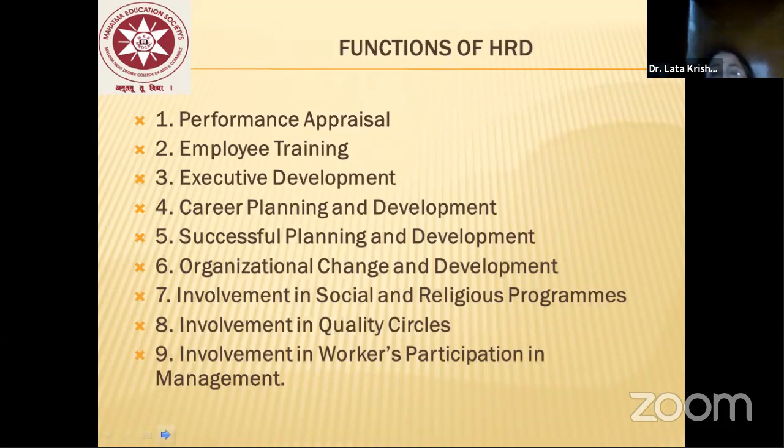So, what are the functions of human resource development? So, when a human resource manager is performing the human resource development activity, he performs these 9 functions. The first one is performance appraisal. We are going to study performance appraisal in the next hour of my session today.